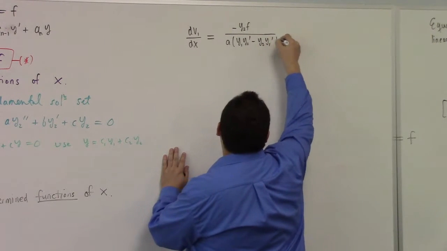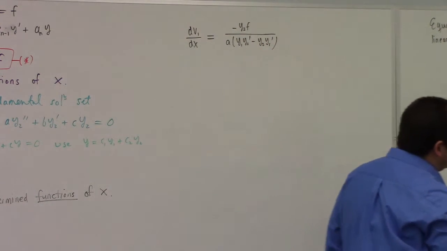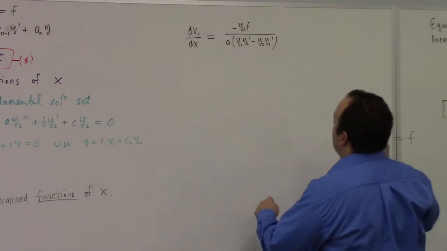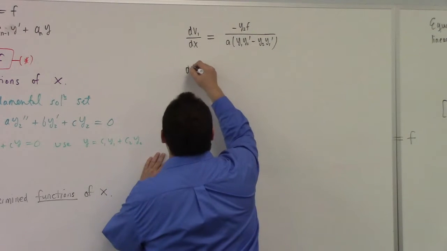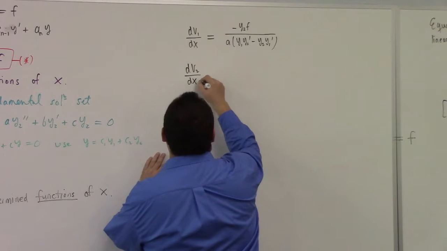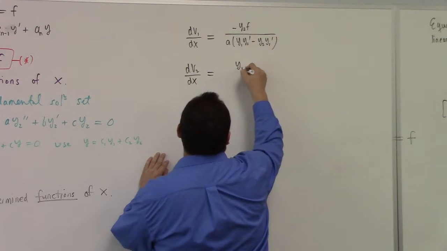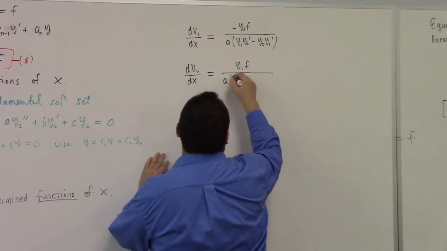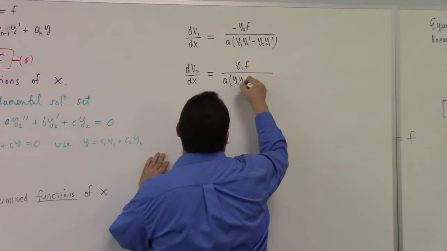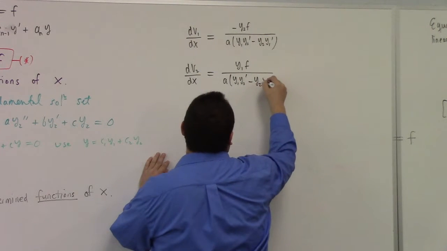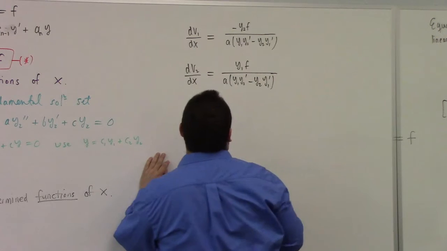Did I get that right? Yeah, okay. And then dv2/dx is equal to y1 f over a (y1 y2 prime minus y2 y1 prime), right?